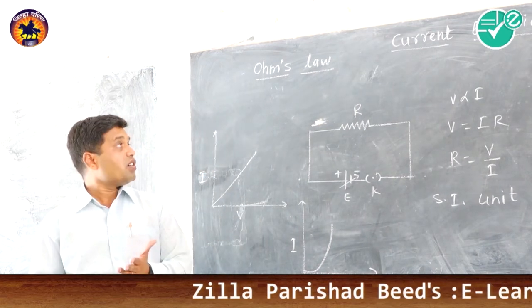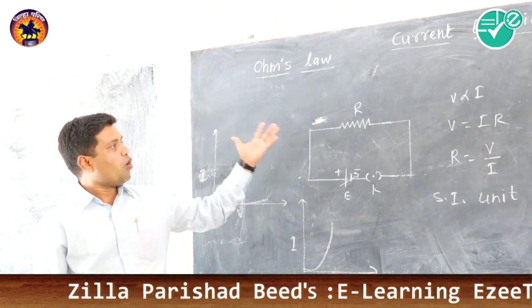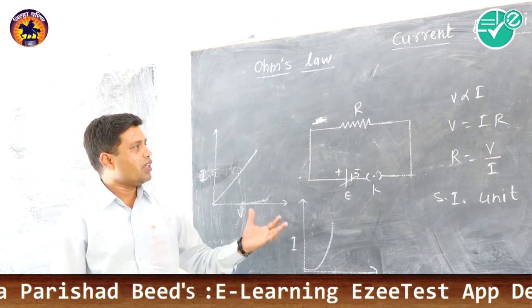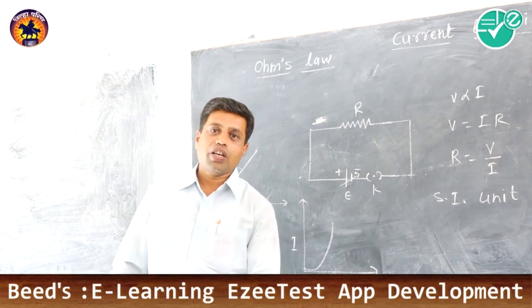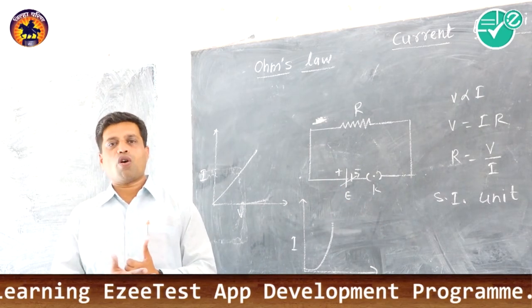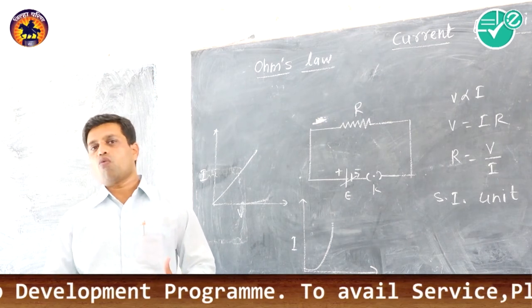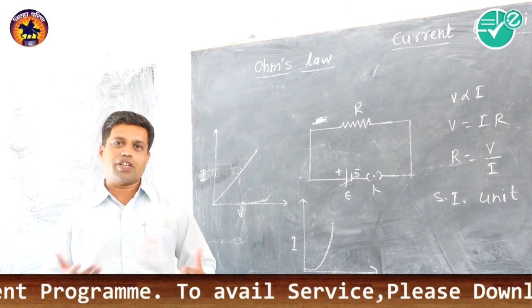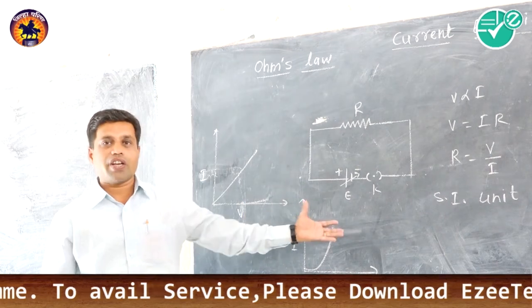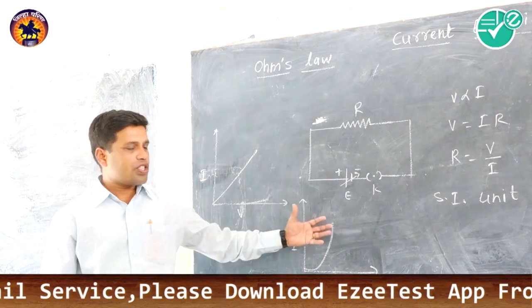Although we have Ohm's law for calculation of current and voltage in a given circuit, we also use Kirchhoff's laws for calculating values of voltage and current in a given circuit. Why is it necessary? We will discuss it in our next lecture. So we move towards our next lecture.